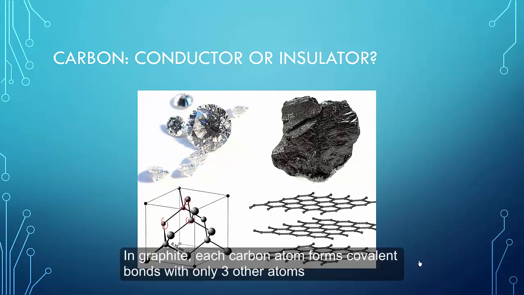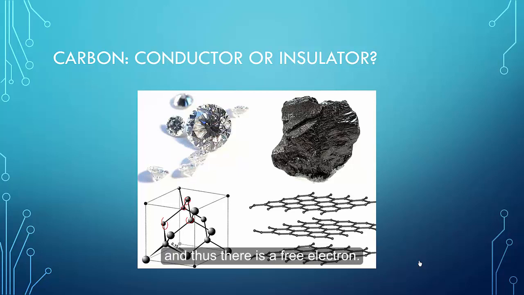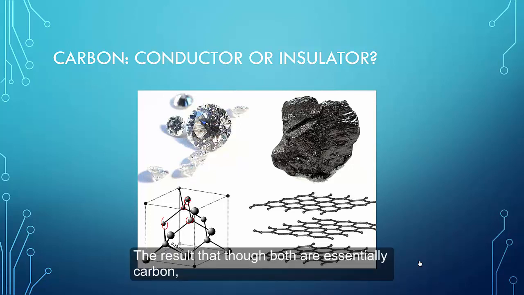And in graphite, each carbon atom only forms covalent bonds with three other atoms and thus there's a free electron. The result is that though both are essentially carbon, diamond cannot conduct electricity but graphite can because there are free electrons.